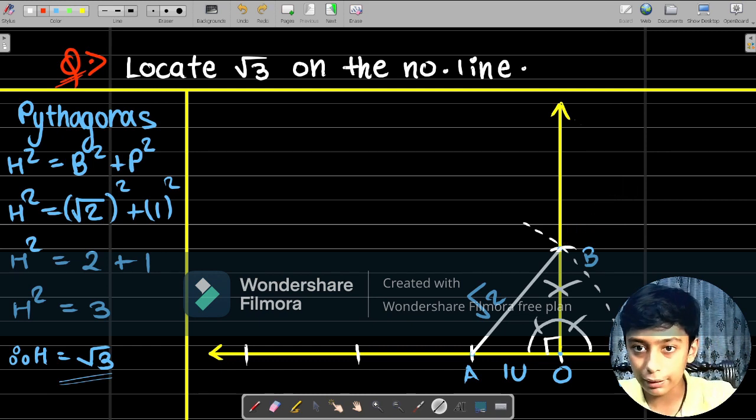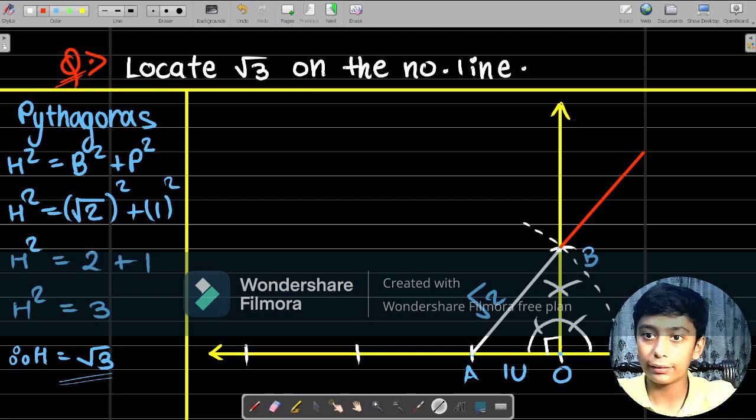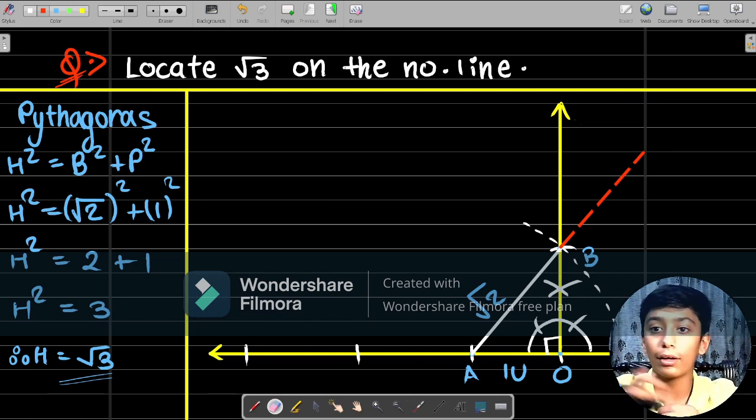Let me just make a big line till here. Right? Now I am going to break it from the middle a little. Right? So now this is the dotted line, and I am going to name it also. Yeah. So this is the ray which will extend.